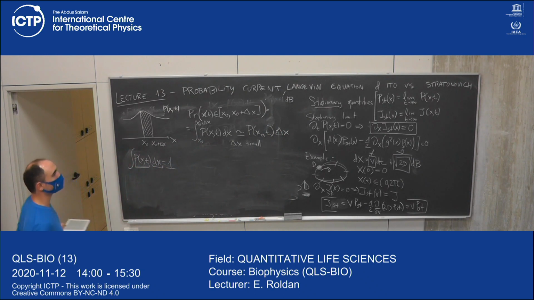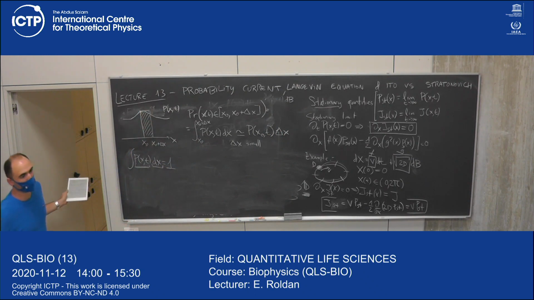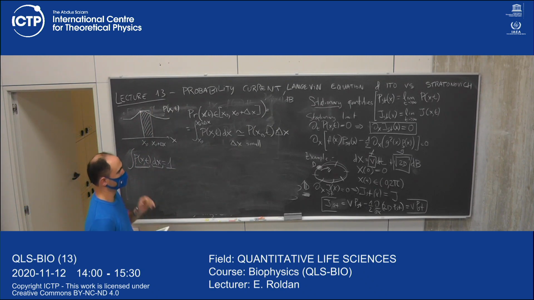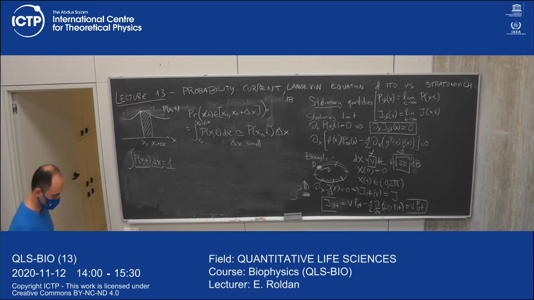This is a bit of a crude approximation, but it's like making this rectangle. When delta x is small, this is a good approximation. You see, this is the height, and this is the width of the interval.